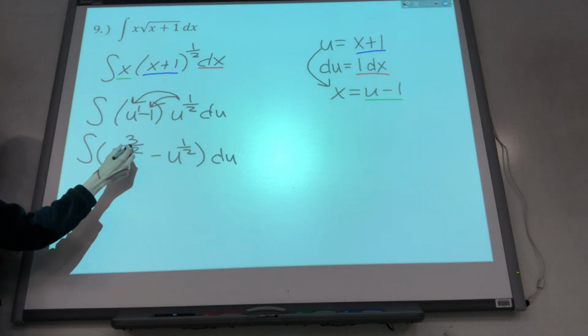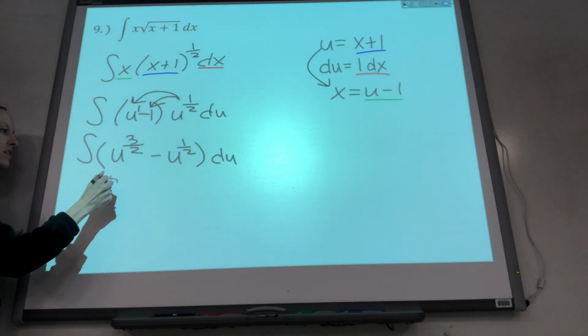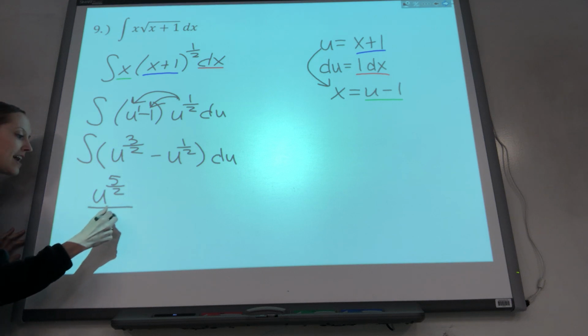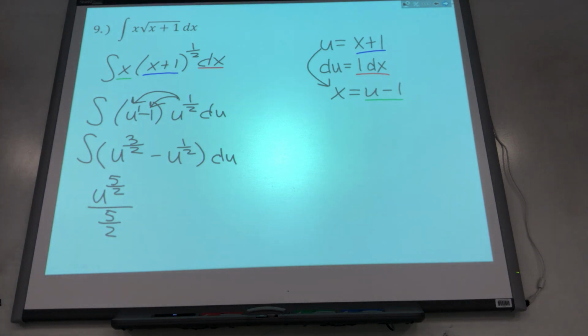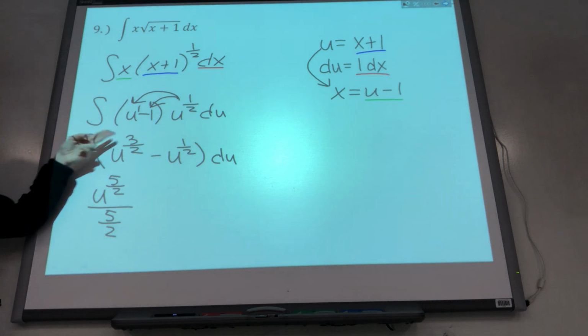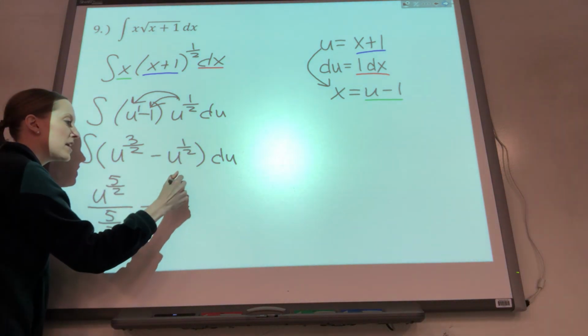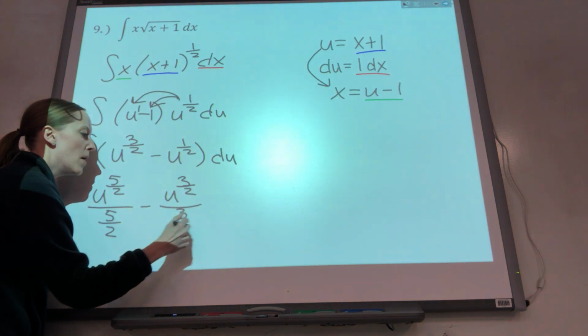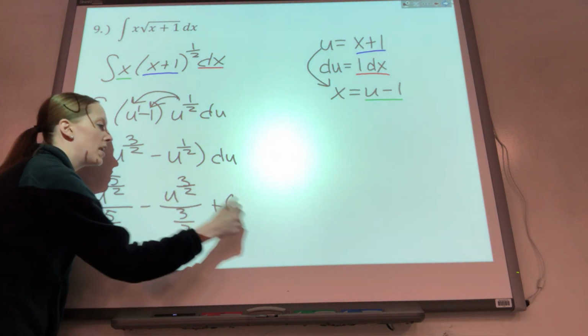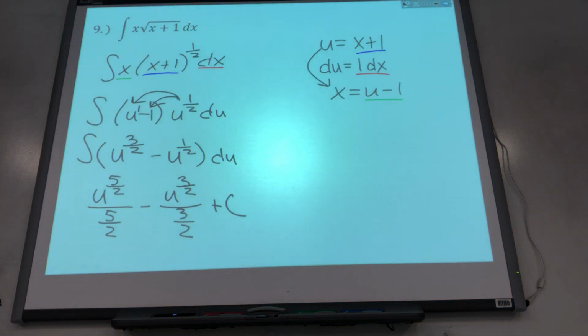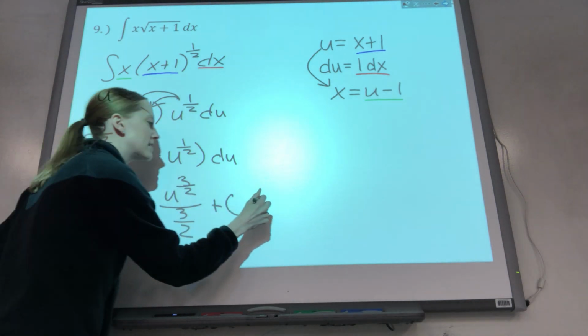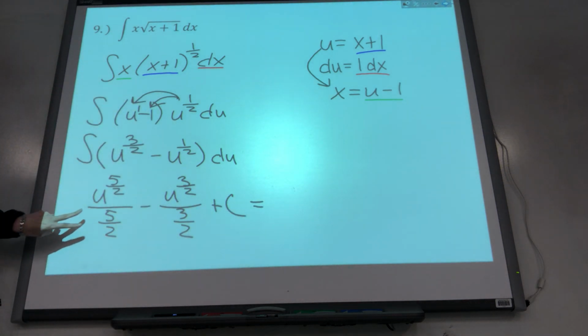Now I'm going to integrate. Add 1 to a 3/2 and you'll get 5/2. So it's like 3/2 plus 2/2 minus, over here, add 1 to your power. Put your new power on bottom. Now I'll try to kind of do all the rest of this simplifying in one step.